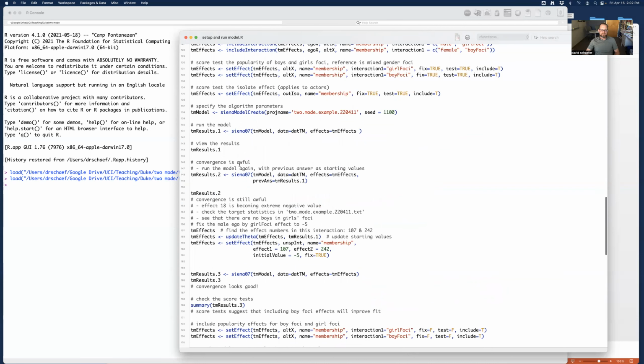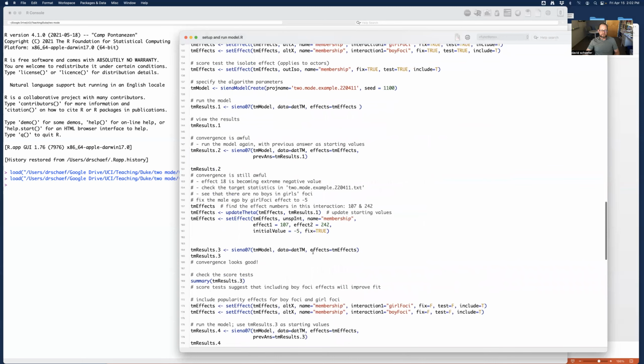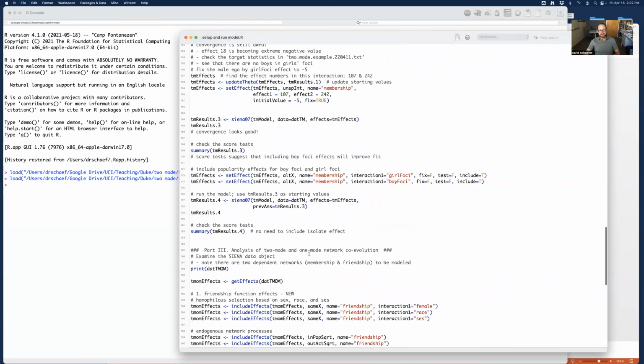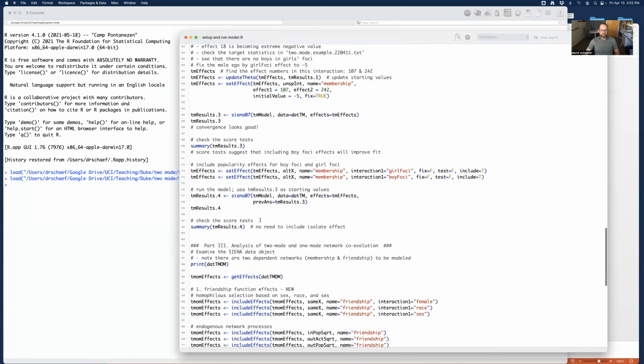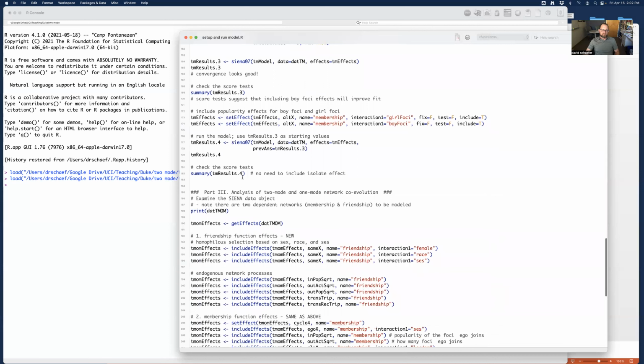We get some bad convergence along the way, and fix some parameters to try to account for that, and do some rerunning to improve our estimates. So we walk through that and get a reasonably converging model, although still not parsimonious.